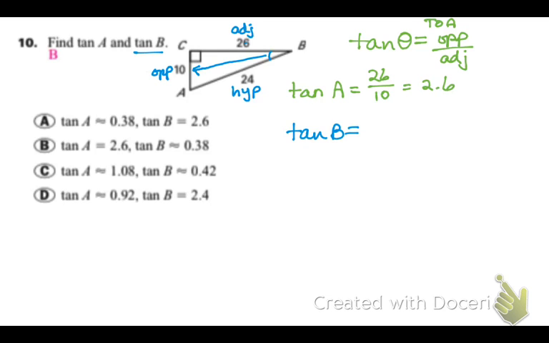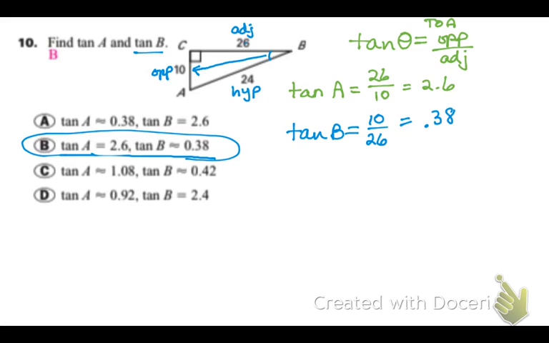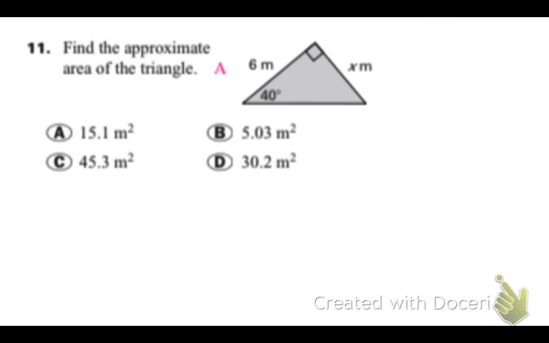So the tangent of B is the opposite, 10 over 26, which is equal to 0.38. We look for our answers, and sure enough, tangent of A is 2.6, tangent of B is 0.38, so our answer is B. This is an exercise in knowing what the adjacent and opposite are for the angle that you need. That's a good example.